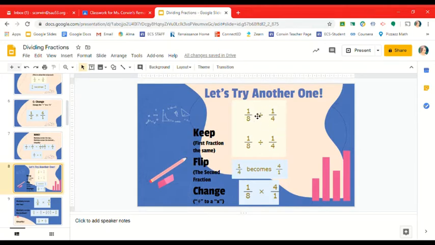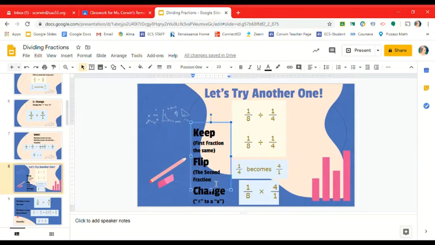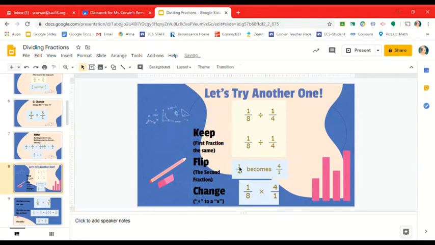So with 1/8 divided by 1/4, we're going to keep the first fraction the same. So we have 1/8, that stays the same. Flip the second fraction around. Actually, see, I forgot my parentheses there. Flip the second fraction. So instead of 1/4, we now have 4/1, and then change. We're going to change that division to a multiplication.